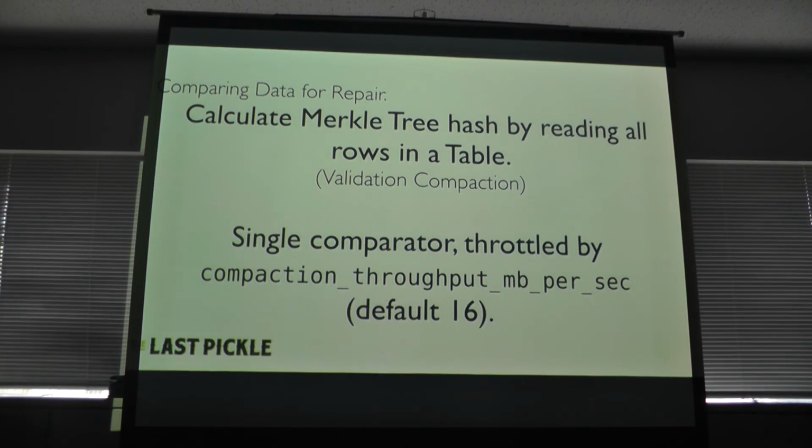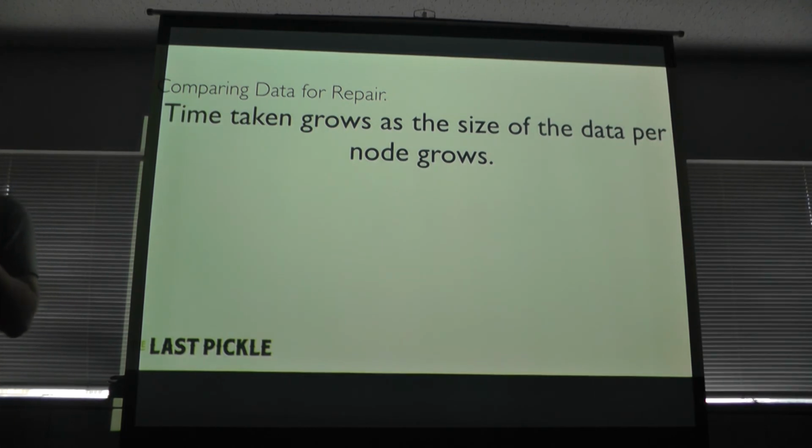There's a YAML setting called compaction_throughput_mb_per_sec that defaults to 16. So if we need to repair a lot of data, it's going to be a throttled process, and that throttling is the same throttle that is used by normal compaction as well. So the time taken to do our repair grows as the size of the data on the node grows.